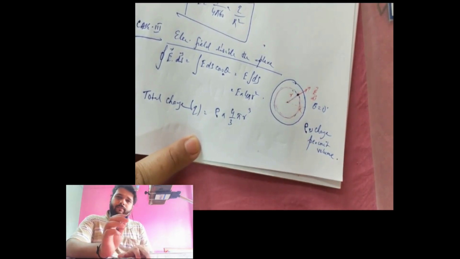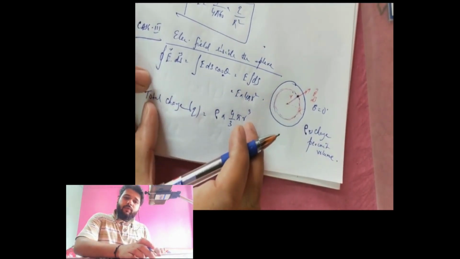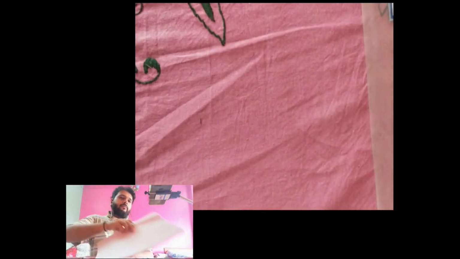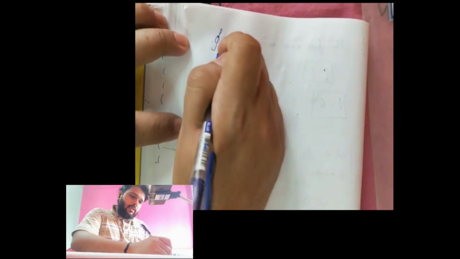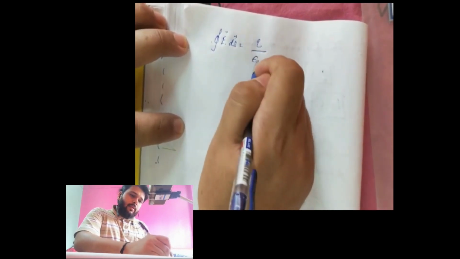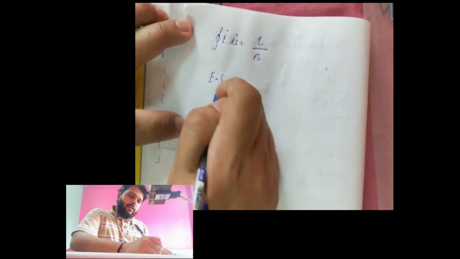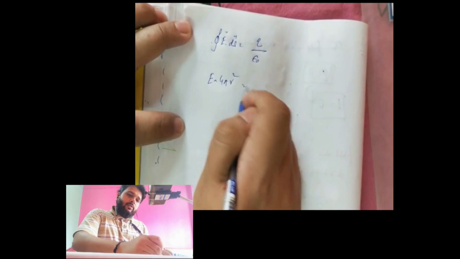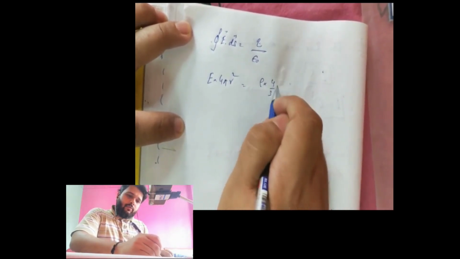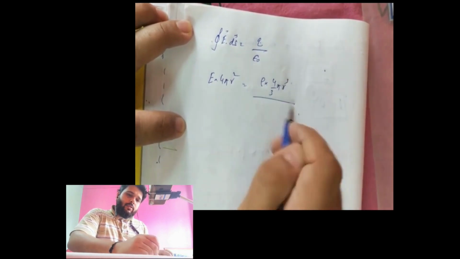Okay, now next we'll put this value in the Gauss's theorem. The Gauss's theorem is closed integral of E dot ds is equal to q by epsilon naught. So E dot ds is equal to what? E into 4 pi r square, and q we have found out, rho 4 by 3 pi r cube, over epsilon naught.